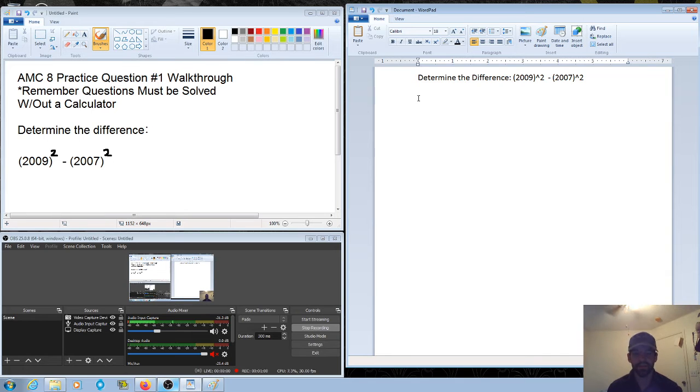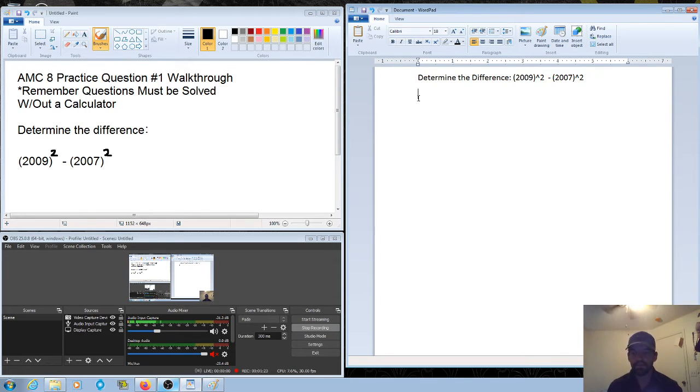Right off the bat, it would be extremely tedious and daunting to try to square out 2009, then square out 2007, and then take the difference. It's not impossible, but it would be very time-consuming, and you are kind of against the clock in this kind of competition situation.